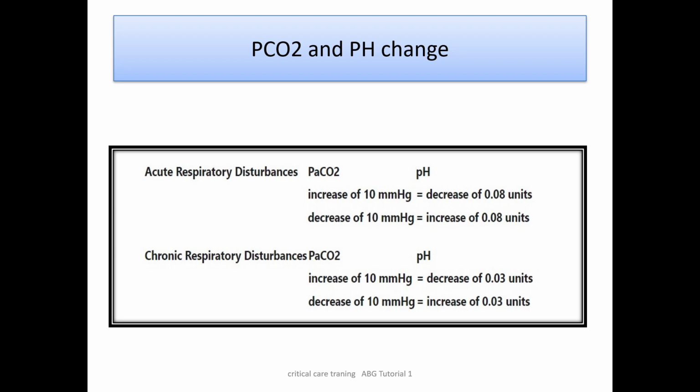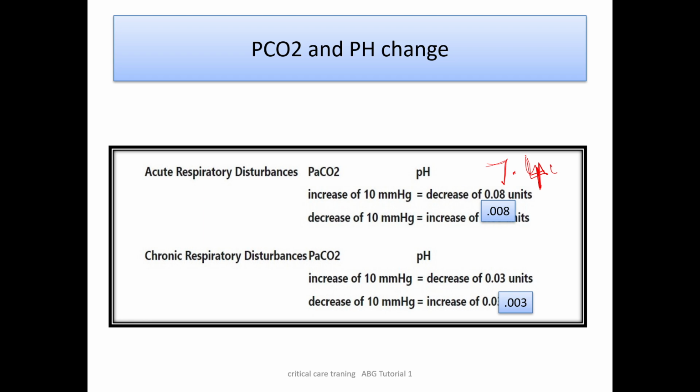From what baseline do we have to calculate? We have to take a pH baseline of 7.40. So for each millimeter of mercury you can calculate 0.008 change in pH for acute condition, and 0.003 for chronic condition.